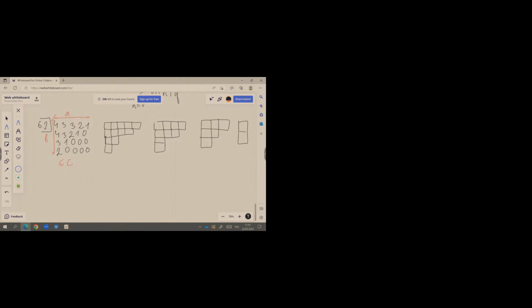So first, second, third, fourth. We can turn every partition to the path. One corner to another.